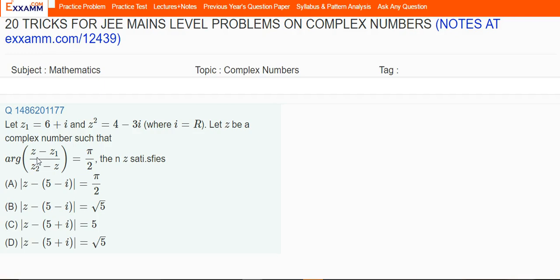And what is argument of minus Z? Argument of minus Z is argument of minus 1 plus argument of Z, which is equal to pi plus argument of Z. So here, for the sake of applying the formula, if we use minus 1 here, then it is minus pi by 2.